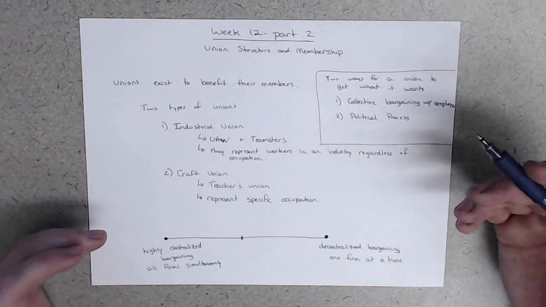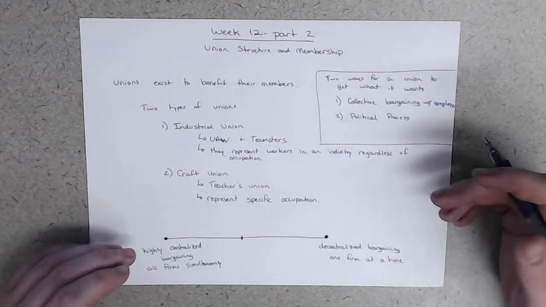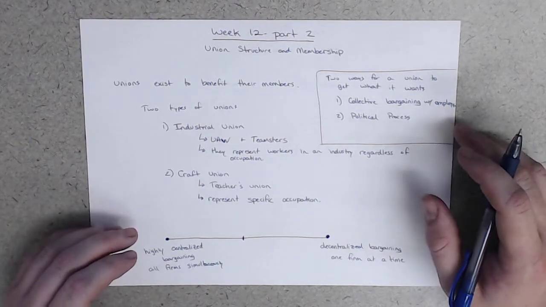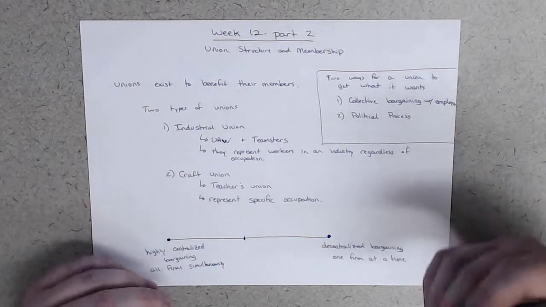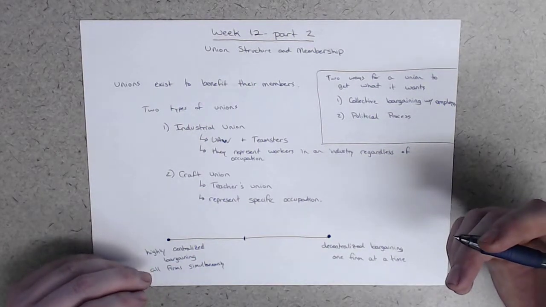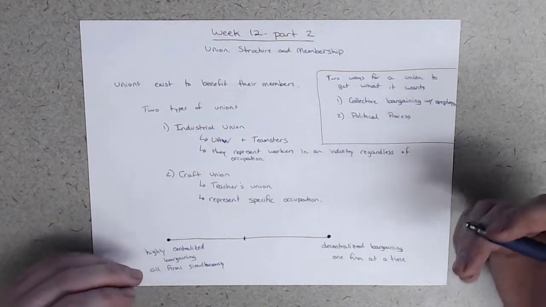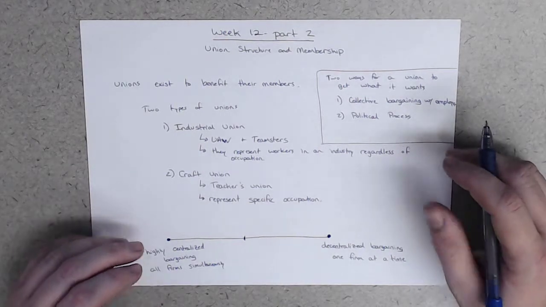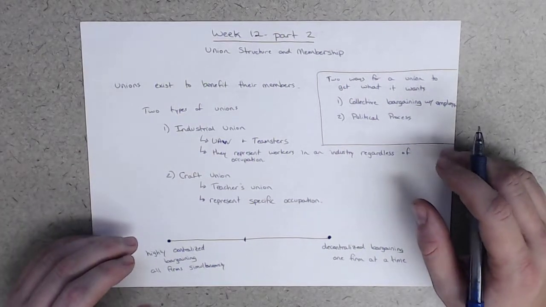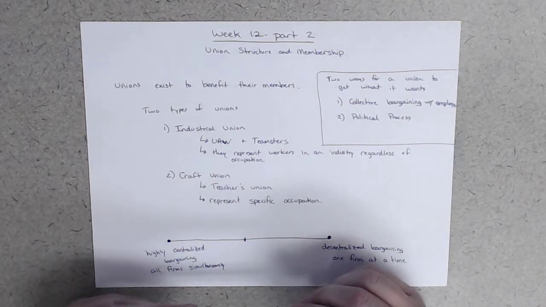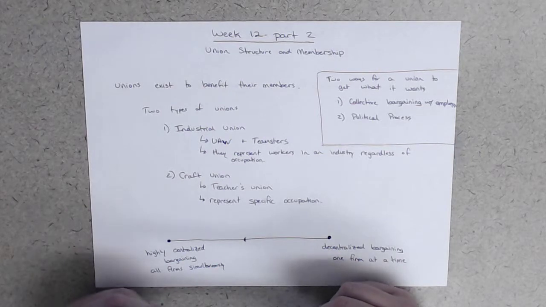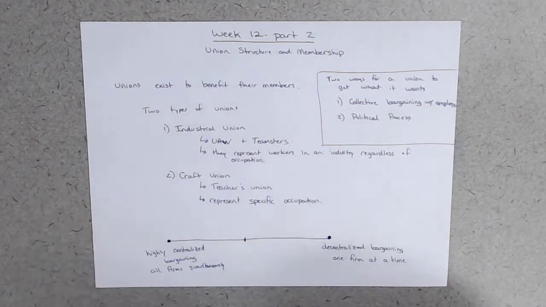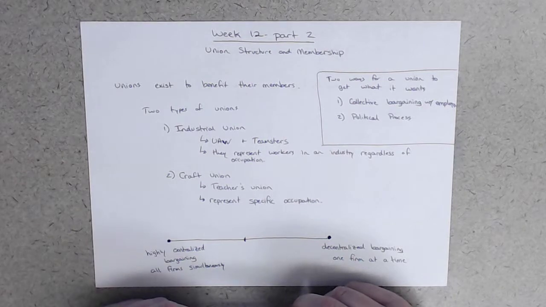Now on page 3 of the notes, I reproduced a table showing the union members as a percentage of the workers and a percentage of workers covered by some sort of a collective bargaining agreement between 1990 and 2010. Okay? And what you can see from there is that while union membership has declined over those 20 years, it's interesting that the percentage of workers that are actually covered by a collective bargaining agreement has remained largely the same over time, right?